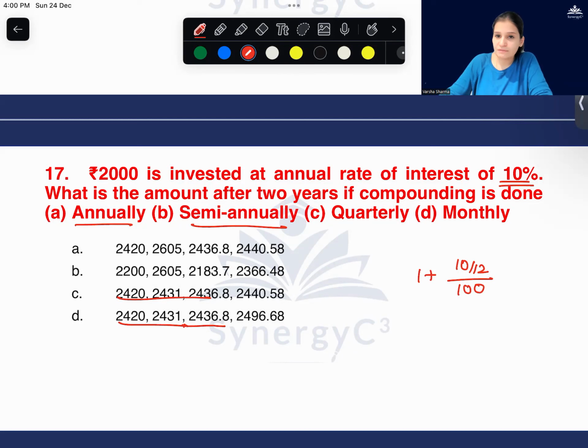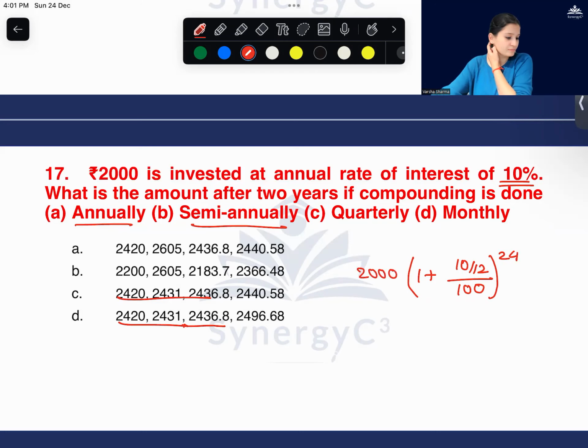First divide 10 by 12 for monthly rate. Then divide it by 100 to convert it into decimal. Add 1 for the compounding value. How many years? 2 years. So in 2 years, how many installments? 24 installments. Multiply it by 2000.